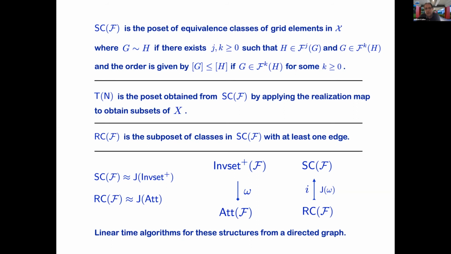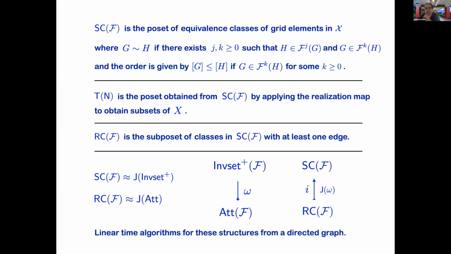So those are the ones that have at least one edge in them, self-loop, whatever. So what turns out is, the way to understand this is, the strong components are the joint irreducibles of the forward invariant sets in this graph, and the recurrent components are the joint irreducibles of the attractors. And so you have this duality where you have omega mapping forward invariant sets to attractors, and you have what ends up being the inclusion map of the recurrent components to the strongly connected components.